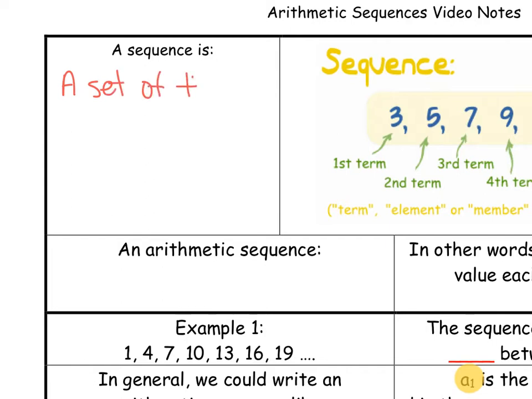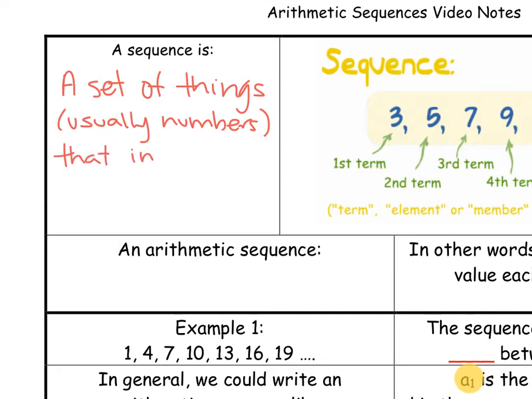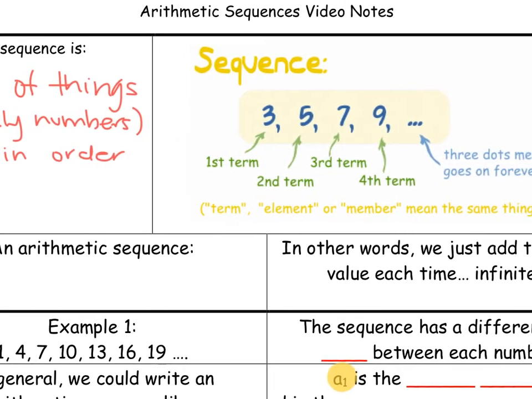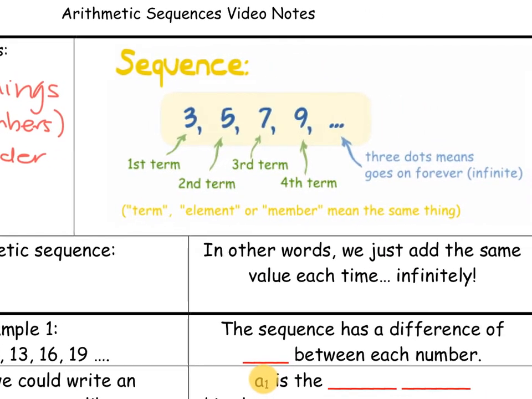Sometimes a sequence can be a sequence of pictures or colors, but in our case, it's numbers that are in order, or a sequential order. They might be getting larger to smaller, they might be getting smaller to larger. So we're going to take a look at this sequence over here.